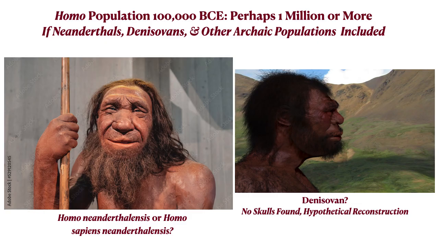So anyway, the genus of humankind, I mentioned maybe 100,000 years ago, might have been a couple hundred thousand. Well, maybe if we include these archaic forms, Neanderthals, Denisovans, and others, maybe more than 1 million. But who knows? This is all quite guesswork. The reconstructions of these early archaic forms of humans are interesting.